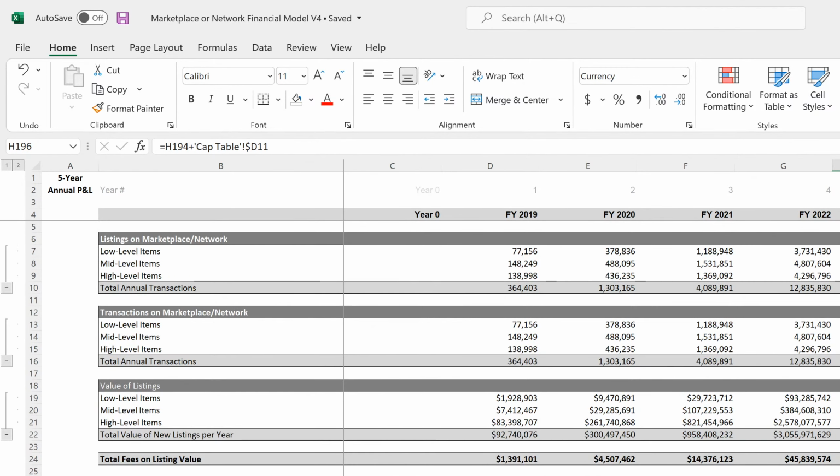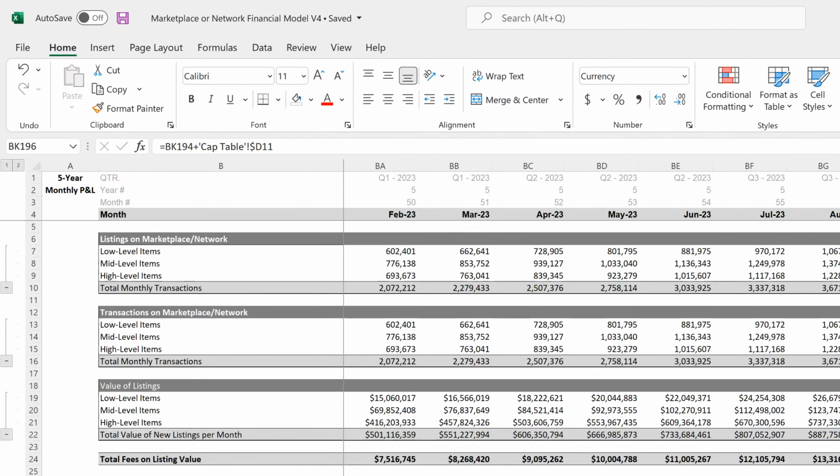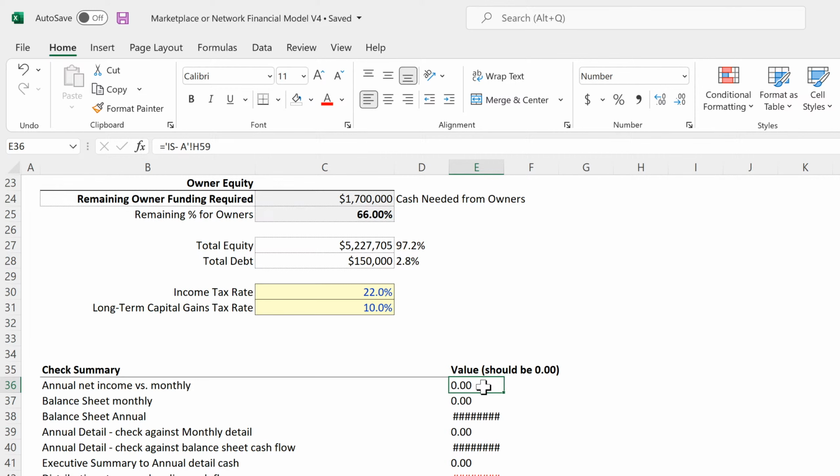Let's get everything up to the top left. So this model is now done except for the sanity checks. All right, so income statement 59.